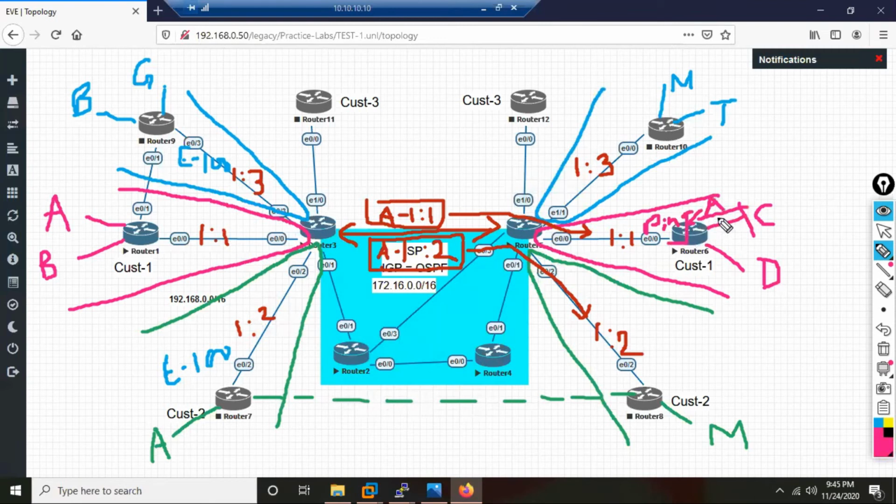So when I'm pinging this network A IP address, who will respond? Will it be forwarded to R1, or will it be forwarded to R7? Because if you see, R7 also has A here. Here is also A, here is also A. So when this ping comes, how will this ping get forwarded?